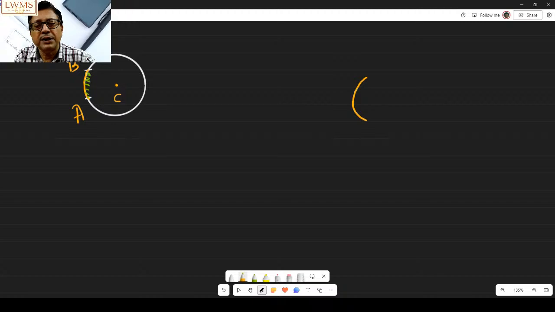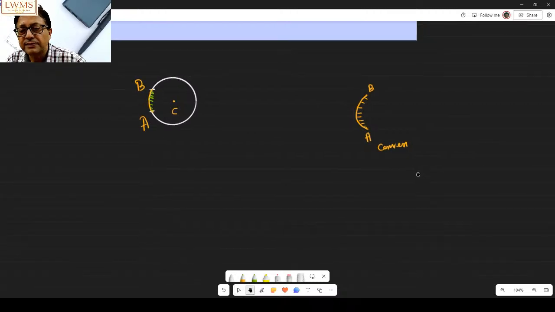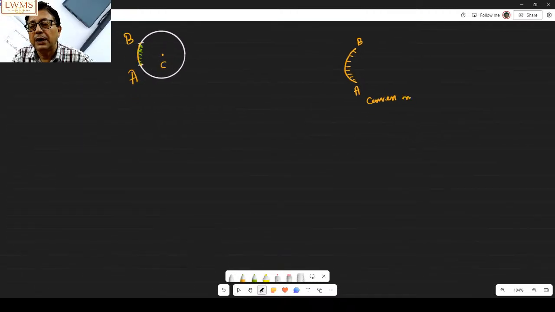This one is a convex mirror, if I take a bigger version of this portion. This is called the aperture or diameter of the mirror. Okay, this one is a convex mirror. The center of curvature will be taken here.